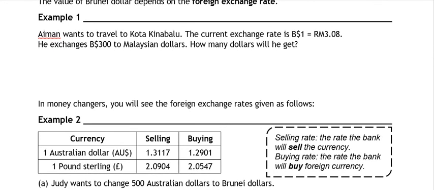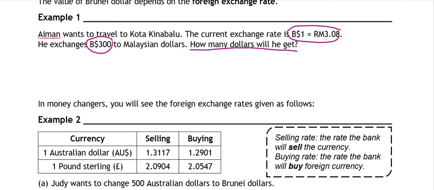Aiman wants to travel to Kota Kinabalu. The current exchange rate is Brunei dollar $1 is equivalent to Ringgit Malaysia $3.08. He exchanges Brunei dollar 300 to Malaysian dollar. How many dollars will he get? You want to find the Malaysian dollar for 300 Brunei dollar, right?